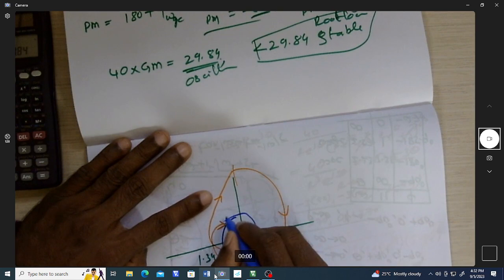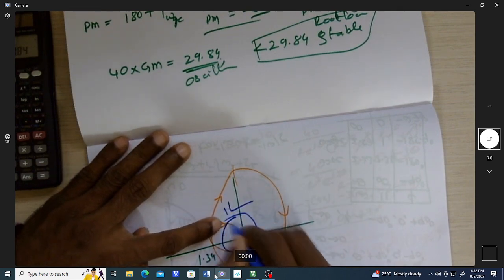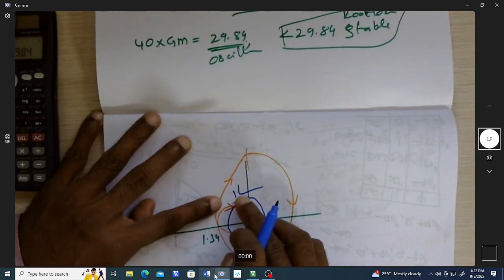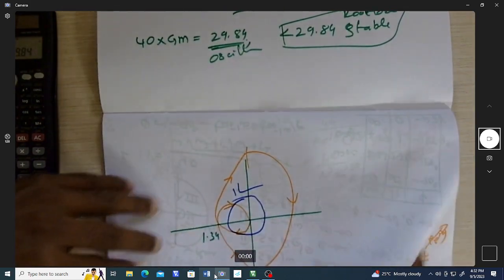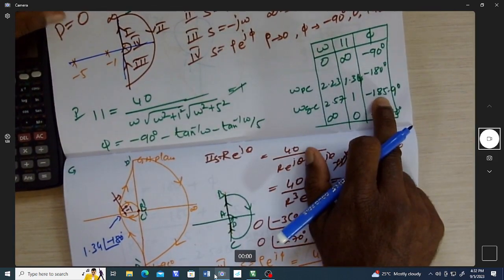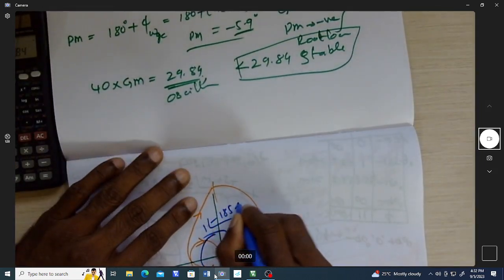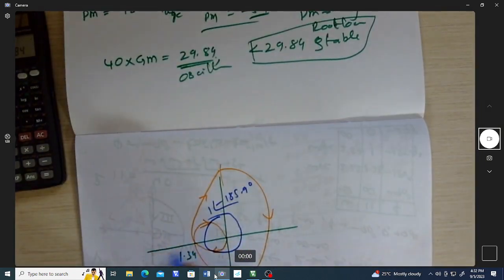So at this point, is it not magnitude 1? Let me find the phase when the magnitude is 1, which we already know. You can see when the magnitude is 1, the phase is minus 185.9. So can I write it as minus 185.9 degree? So now this is your reference minus 180 degree line.